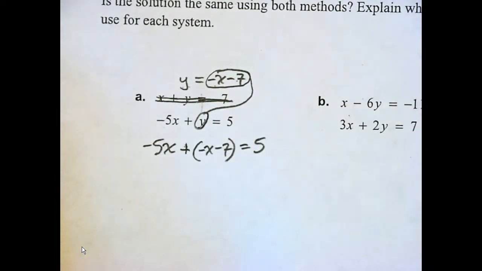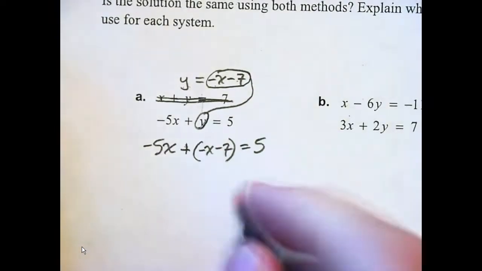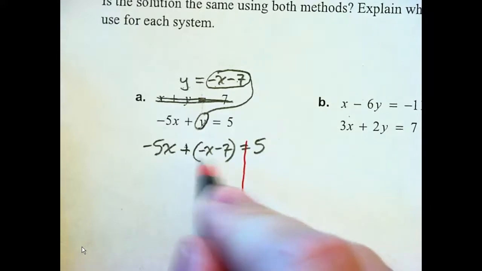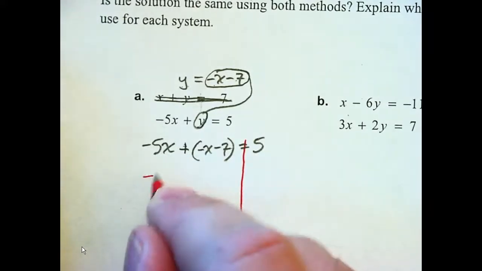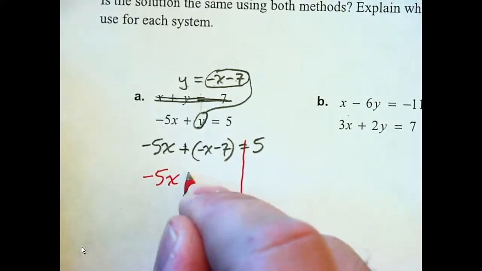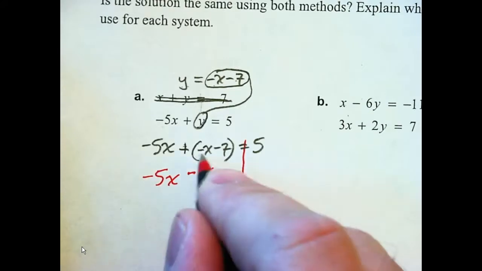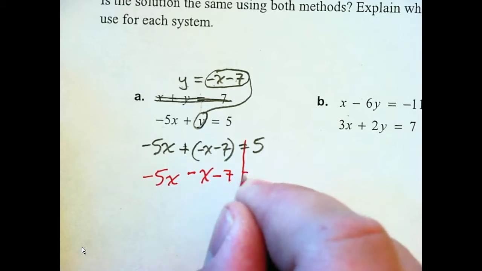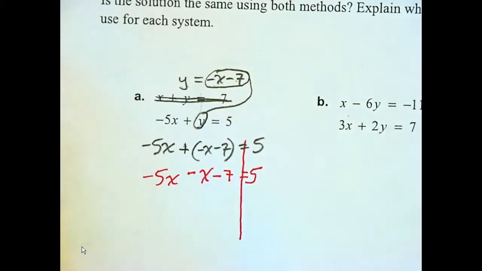The benefit of doing that is now I have a single equation where I have one variable. Do the parentheses matter? Nope, you're not distributing anything into them, so we can just rewrite it. Notice the negative and the positive just becomes a minus. And now we just simplify and solve for x.